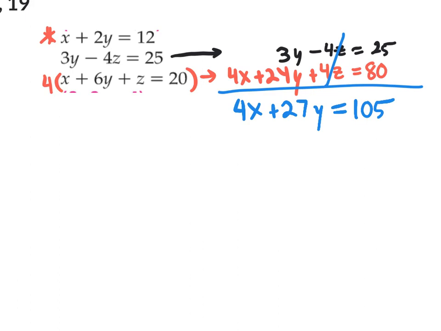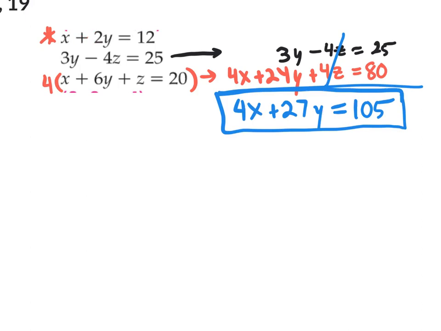So ladies and gentlemen, this is what we call our new equation number 1, if we want to call it that. Or you could also call it new equation number 2, because the bottom line is you already have this other equation that has x and y's. You already have this one that you just changed to cancel out z's to have x and y's. So this is your new 2x2 system. You're going to use this one and this one.